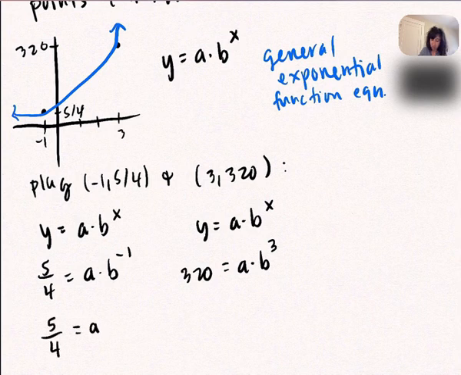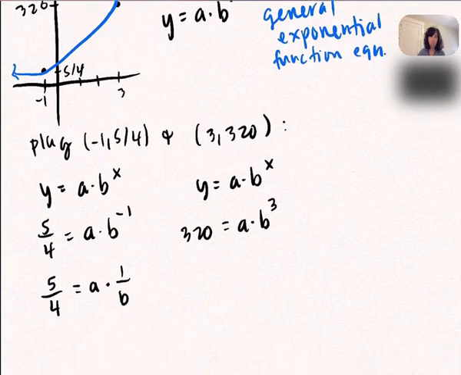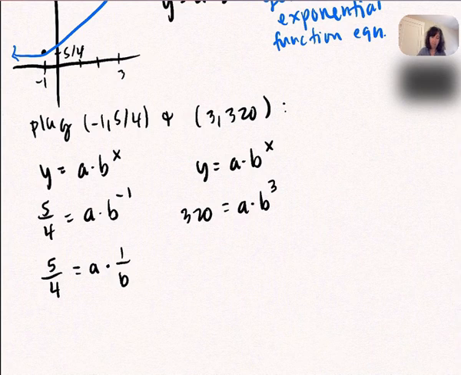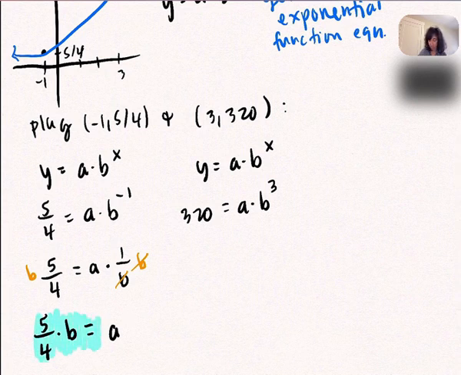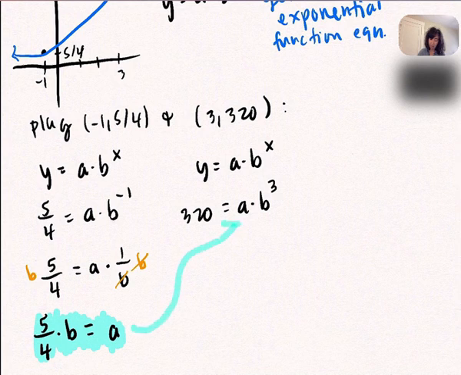So b to the -1 is the same as 1 over b. Now, if I multiply both sides of that by b, I'll have solved for a. So I got a is equal to 5/4 times b. Now, it's very handy to know that a is 5/4 times b, because I can plug this in for the a in my other equation.